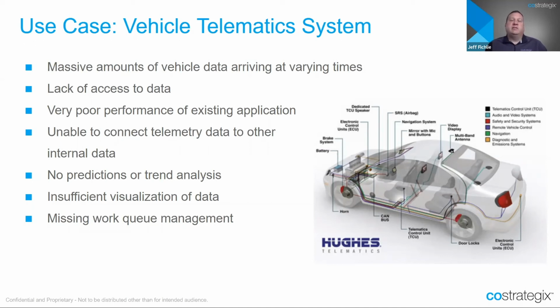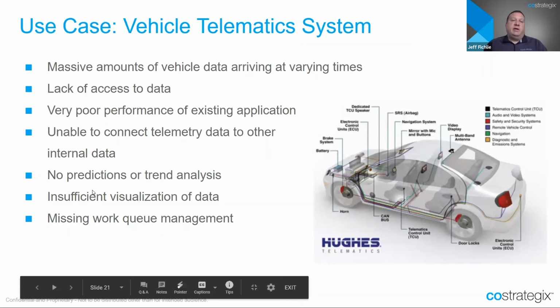We can prove that we can get some of the data, but they didn't know how to move forward with collecting all of it. And then they couldn't tie that data to other internal data. They had some driver information and some manufacturer information and some maintenance information all within the organization, but they weren't able to connect the telematics data with the back of the system.